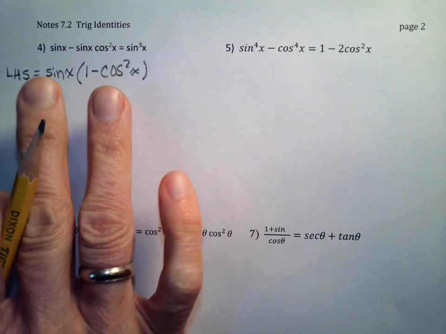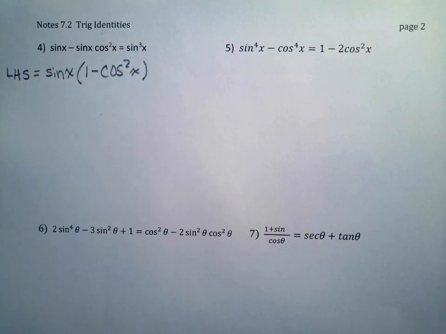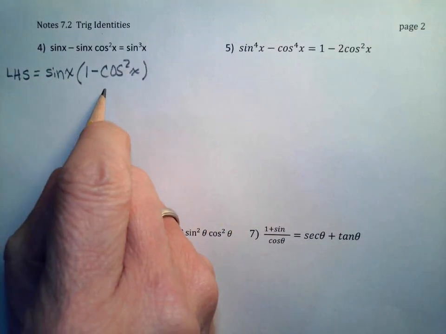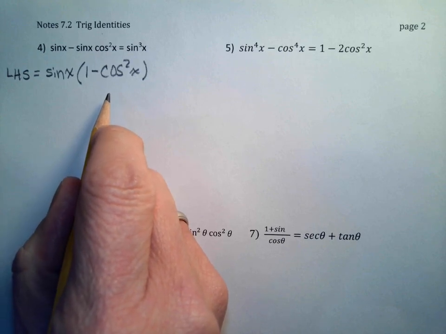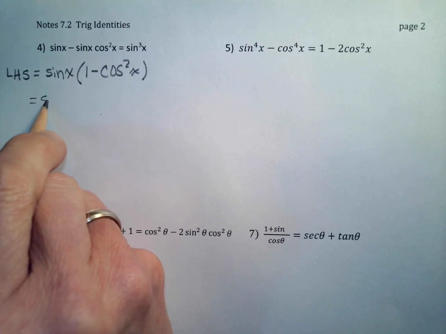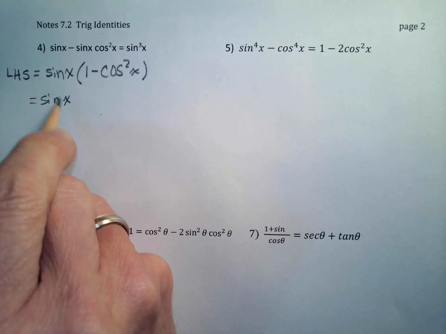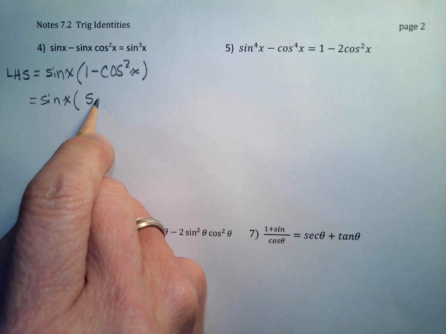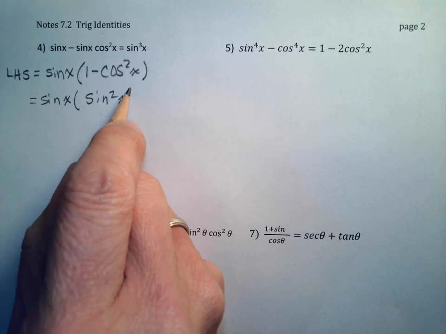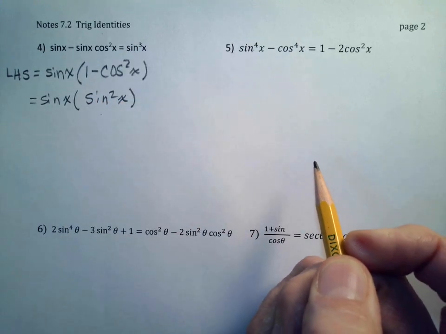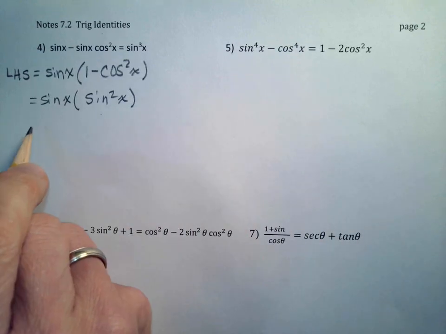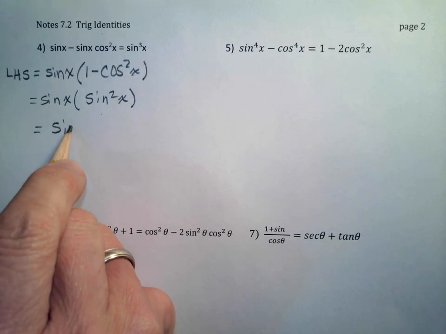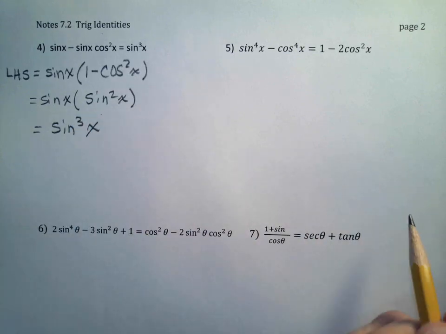And then think about, can I write either of those as something else? This is a version of our Pythagorean identity. So I could replace that. I'm going to do sine x times sine squared x, and then we can multiply those together, and that's sine cubed x.